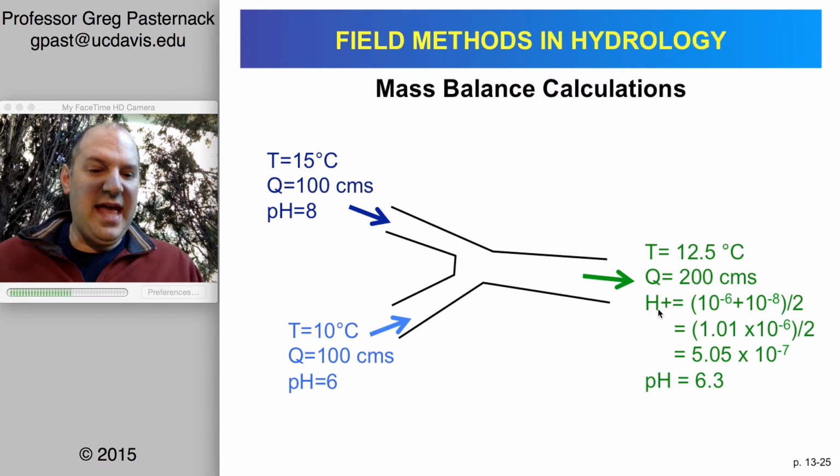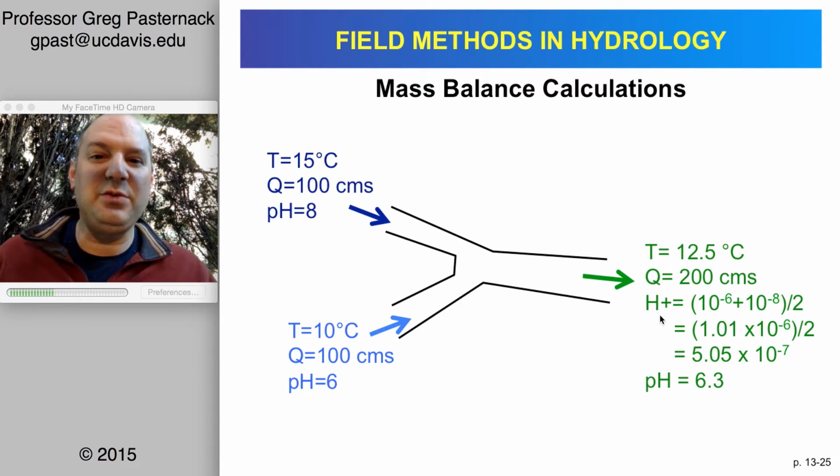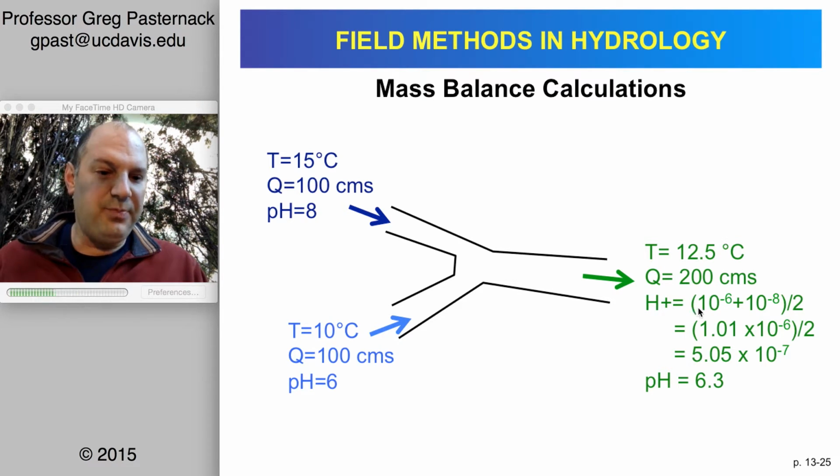First, let's consider the activity of the hydrogen ion, and that's what you have to do here. In one, you have 10 to the minus 6, and in the other, you have 10 to the minus 8. So if I add those together, what you're really getting is 1.01 times 10 to the minus 6, which just helps you to appreciate that a pH of 8 has 2 orders of magnitude less hydrogen ion activity than a pH of 6.